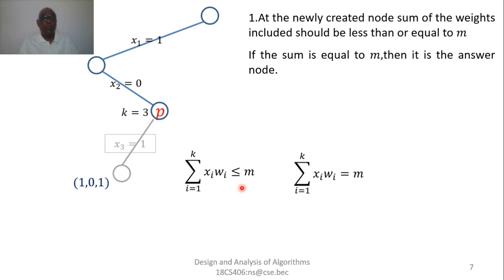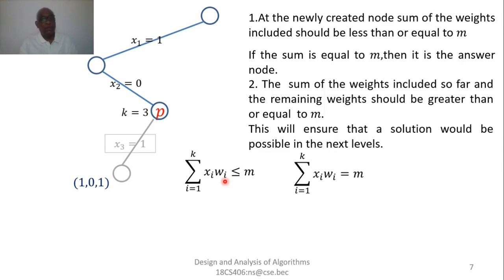Of course, this partial solution should satisfy another condition also. The condition is, suppose the sum of the weights included so far is less than m, then one should ensure that the sum of the weights included so far and the sum of the remaining weights should be greater than or equal to m.